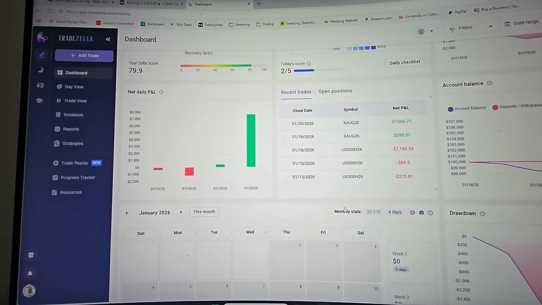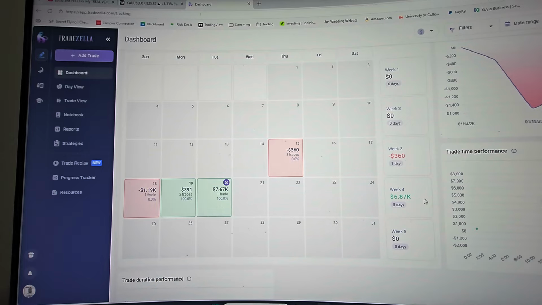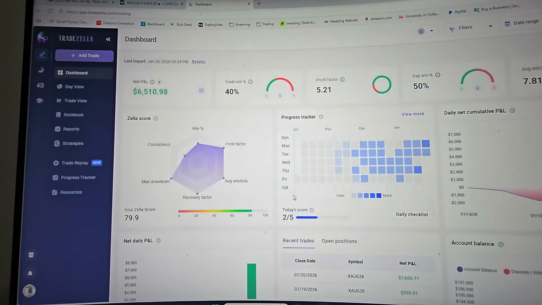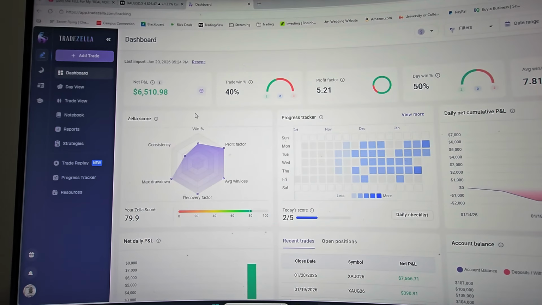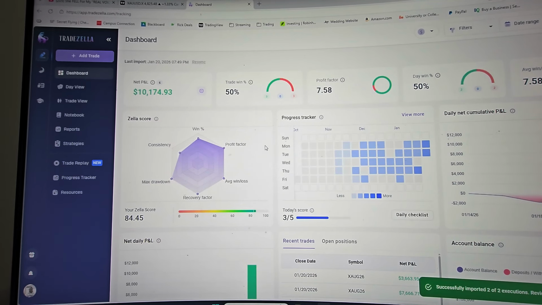So it hasn't updated yet, but still. I'm using TradeZilla to document and journal these trades so that I know how I'm doing. So if I resync to get the recent updates, this should update. And there it is, it has updated.